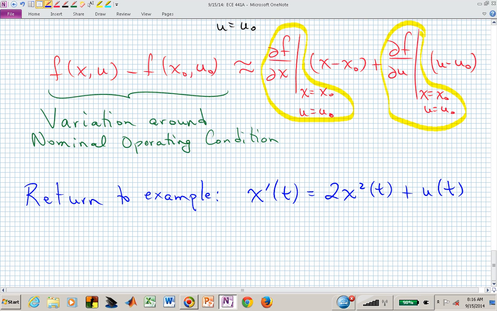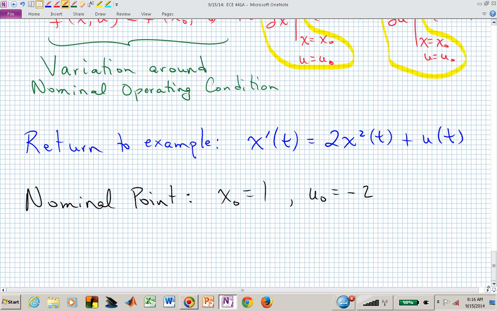A nominal point that we can try is suppose that we pick x naught equal to 1 and u naught equal to minus 2. What we want to do is see if indeed that gives us a true expression.